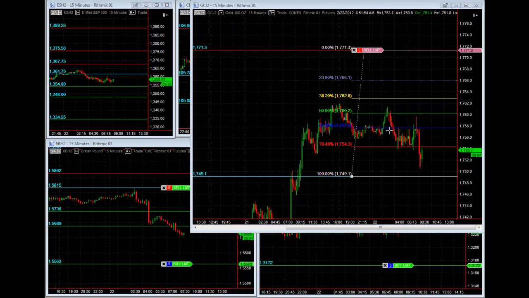And that's the whole philosophy of these particular levels, that we're making mathematical decisions without understanding that we're doing it. So is it hovering around these levels because of that, or because people think that's what should happen, and so you have a self-fulfilling prophecy that simply causes it to happen? Well, this is what it's supposed to do, so that's what it ends up doing. So that's the question.